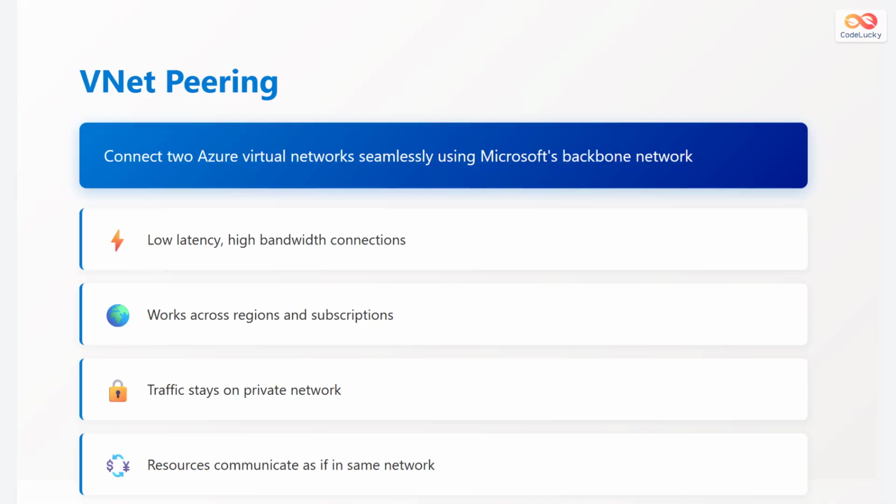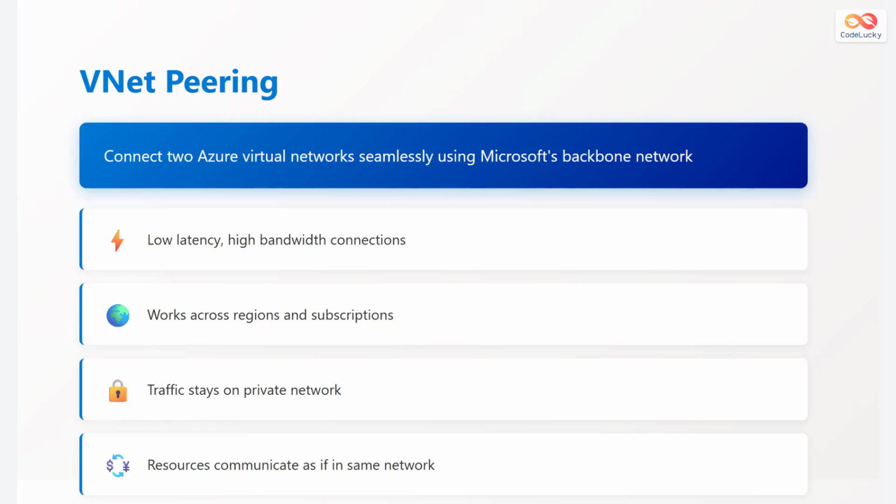VNet Peering connects 2 Azure Virtual Networks seamlessly using Microsoft's backbone network infrastructure. This powerful feature provides several advantages. It delivers low latency and high bandwidth connections because traffic never traverses the public internet. VNet Peering works across regions and subscriptions, enabling you to connect networks in different geographic locations or even different Azure accounts.